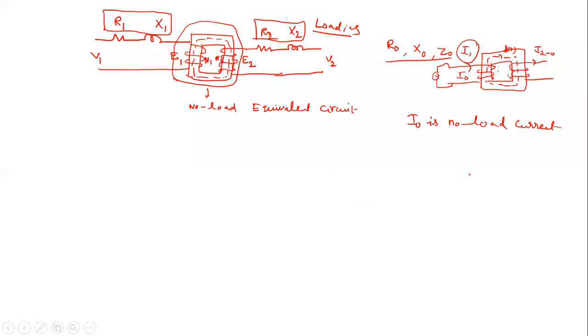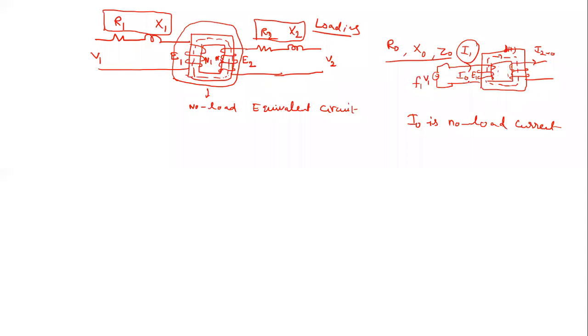Okay, so for that, if you sketch, let us say we have applied V1 with a fixed frequency f, and E1 is induced. Then the flux is established, and of course E2 would be generated for N2.